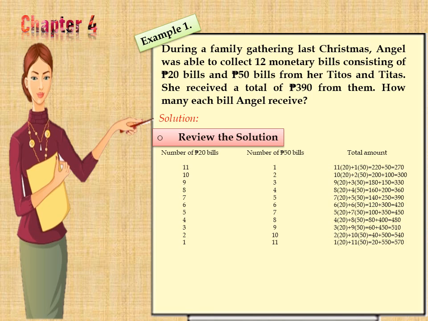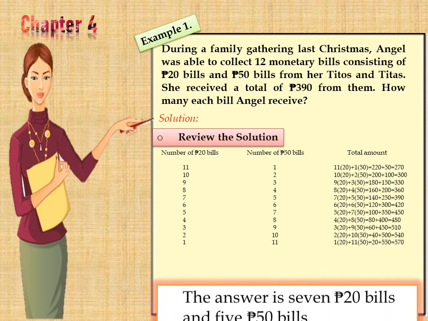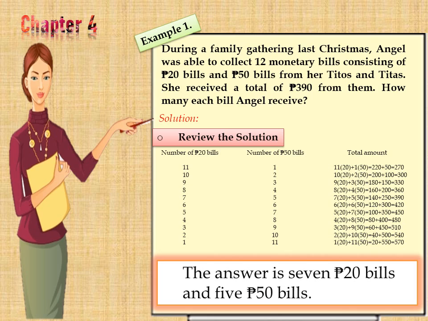So the total amount would give us 570 in all. Take note that in our table, only one distribution resulted in 390. Hence, the answer is 7 20 peso bills and 5 50 peso bills.